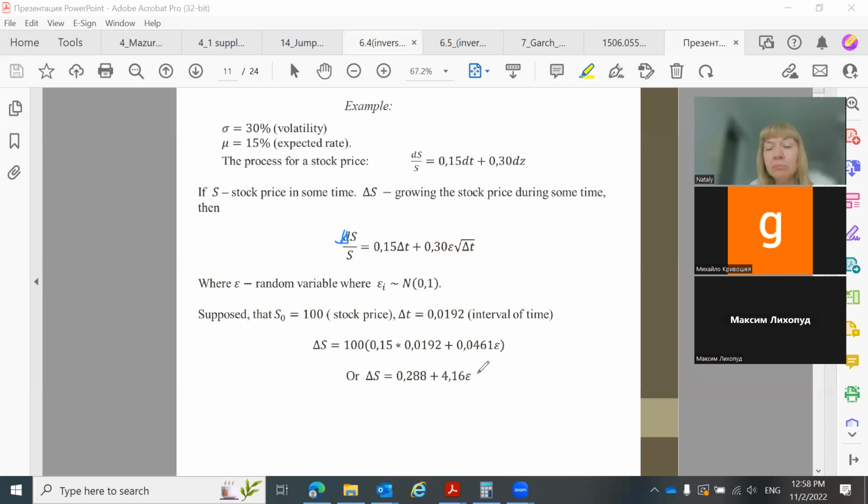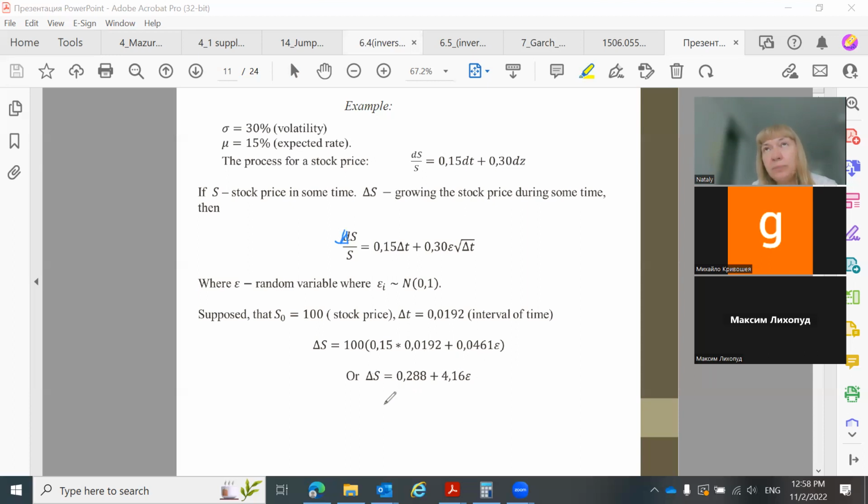So we don't know what epsilon is exactly, but it is a normally distributed random variable, and we can substitute some value. It can be, for example, minus 0.2 or plus 0.35.